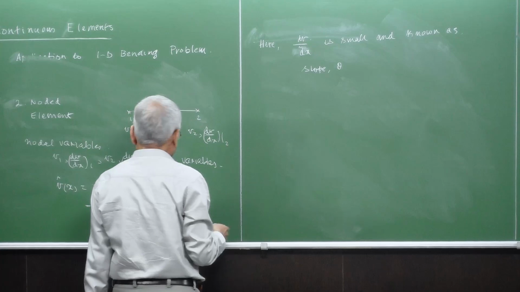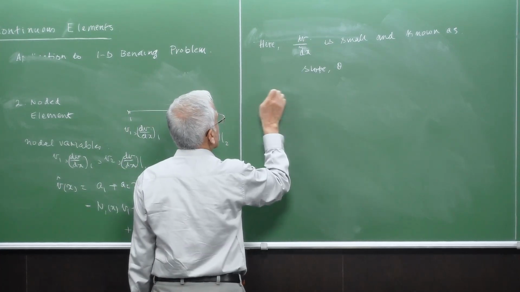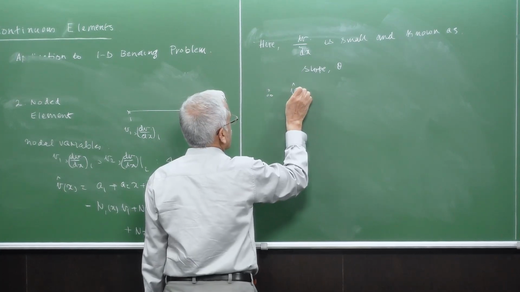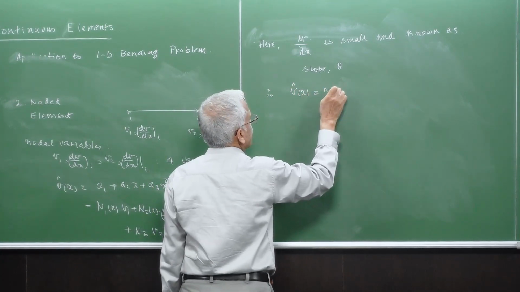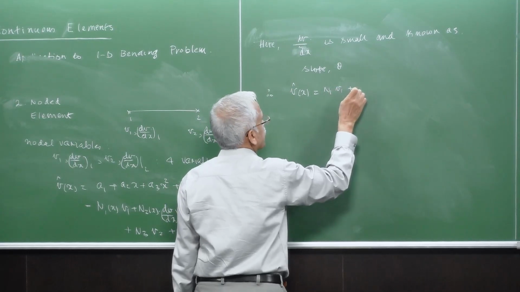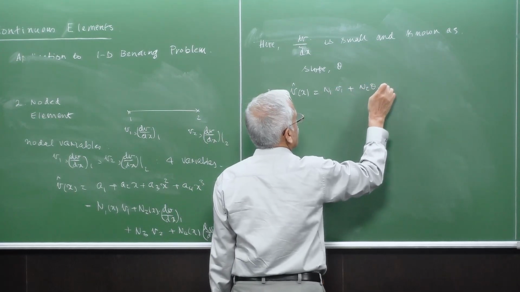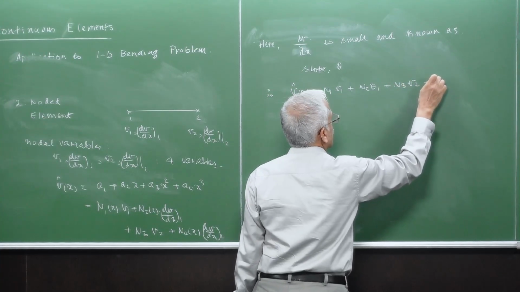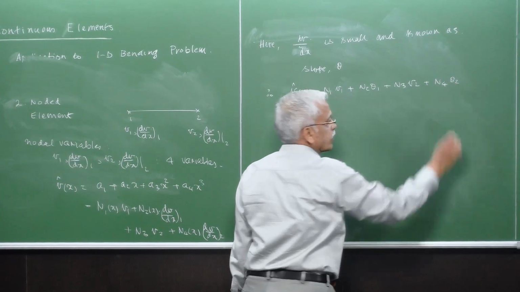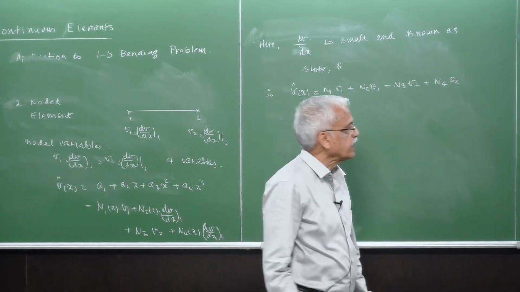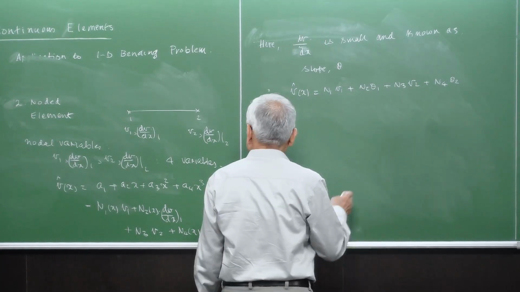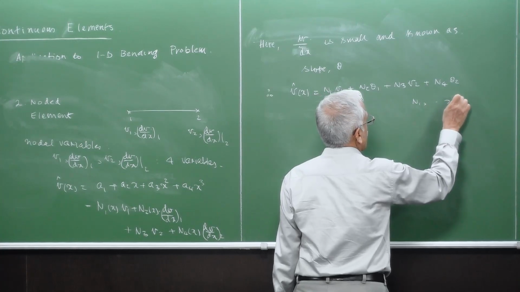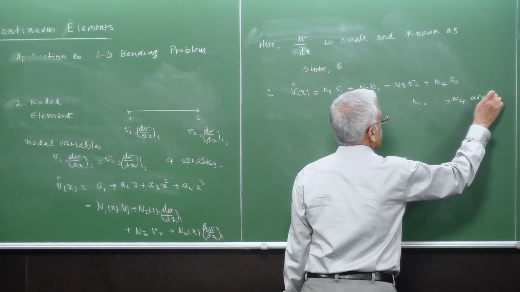So just for the sake of conciseness, we can also write N1 v1 and so on. This N1, N2, N3, N4 are shape functions as usual.